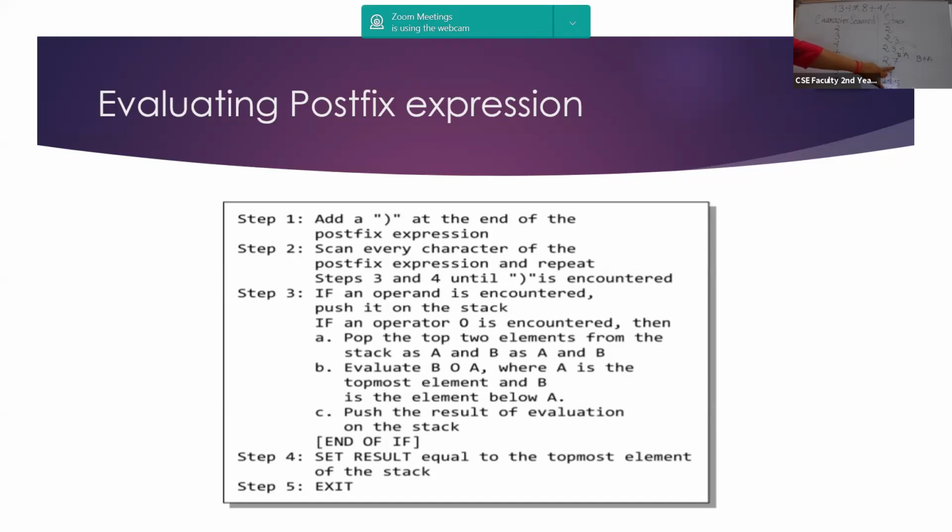Now this is the top. So if any other operator comes like multiply, then this will act as A, 7, and this will act as B. So this will be 2, that is B operator A, that is 7. And then the evaluation will take place. So this way, the algorithm works.